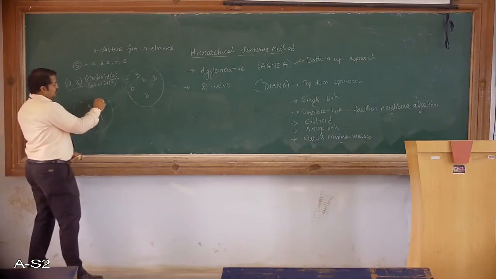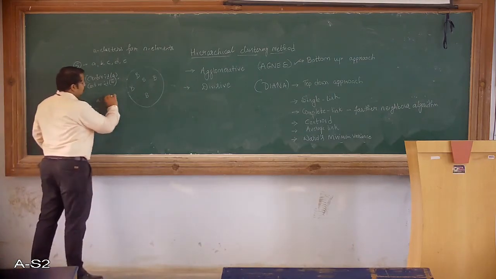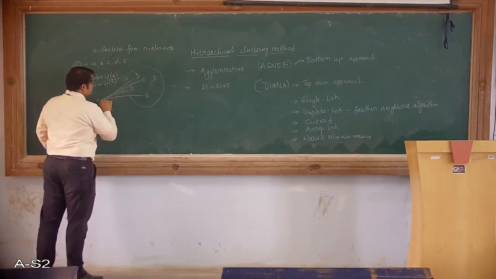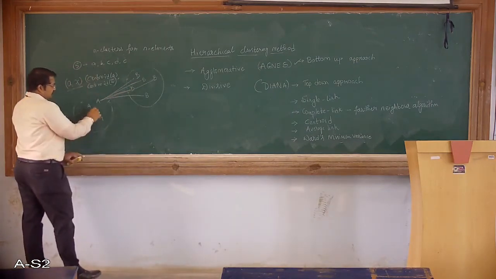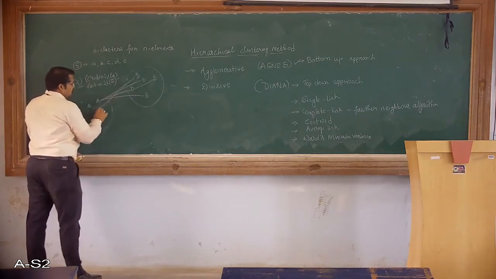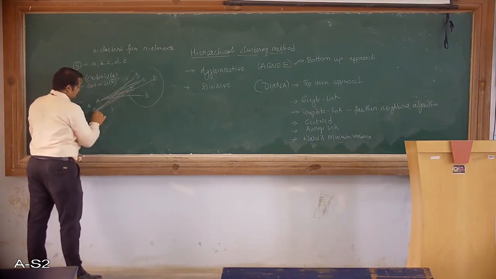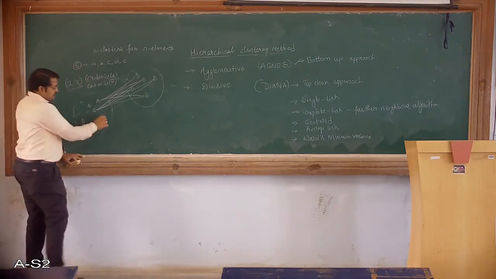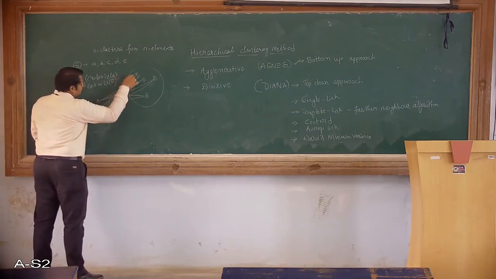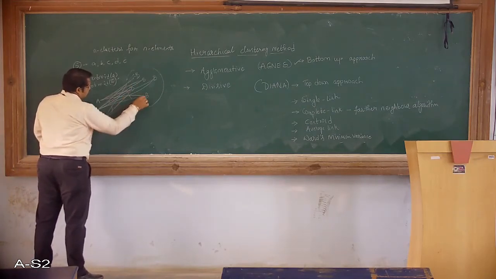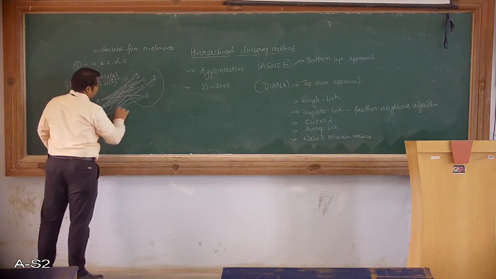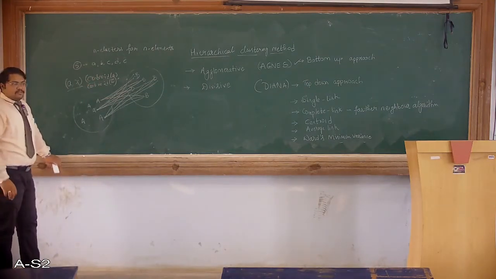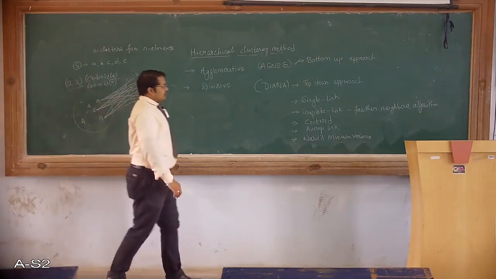If I consider this single point, we check the distance from this point to all the points in the other cluster. If I consider this point, the distance from this point to all the points in this second cluster, and it takes the average of the values, and that is considered to be the average link.